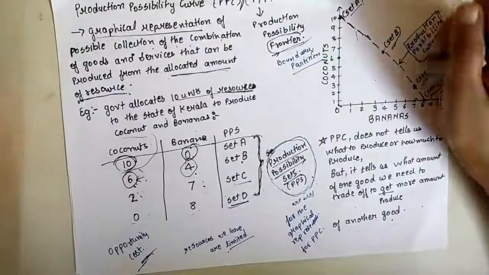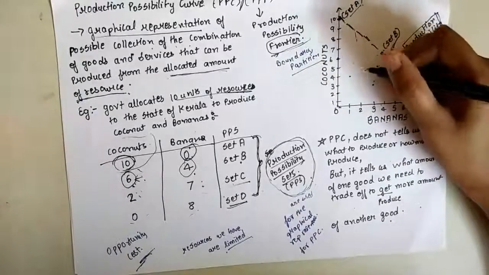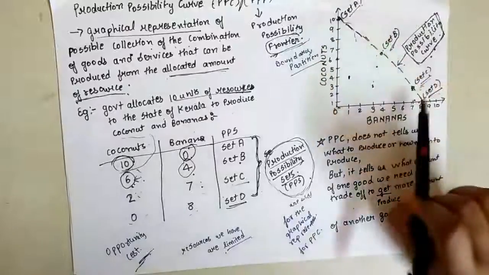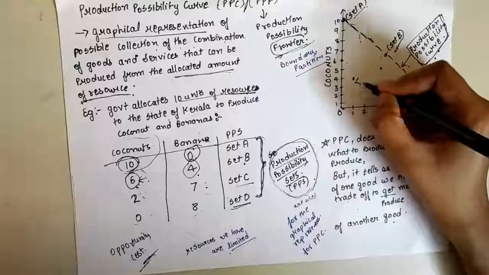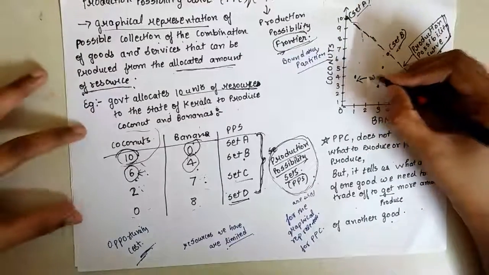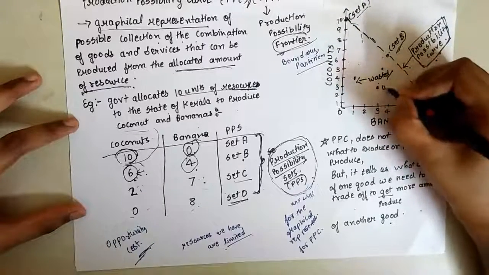That means these resources are completely utilized. But the points which are below this curve show that the resources are not utilized, or they are wasted or underemployed.